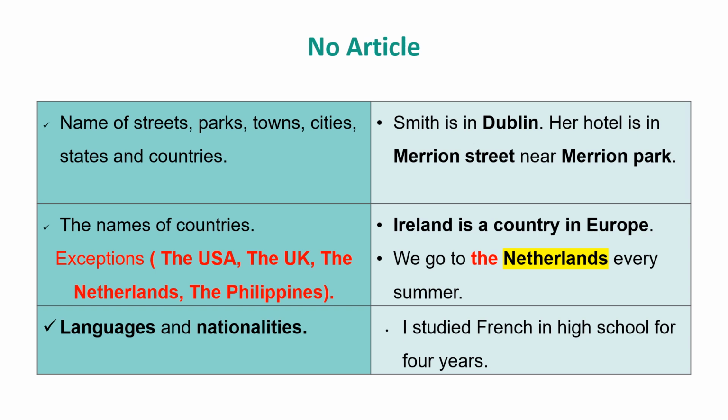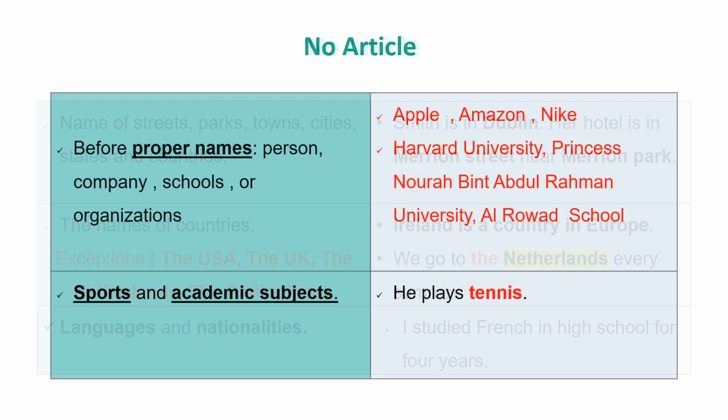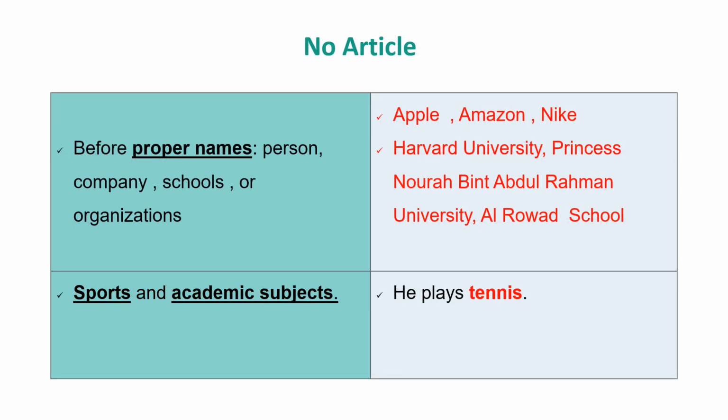We also use no article with languages and nationalities. For example, I studied French in high school for 4 years. We use no article before proper names, like a name of a person, company, schools, or organizations.